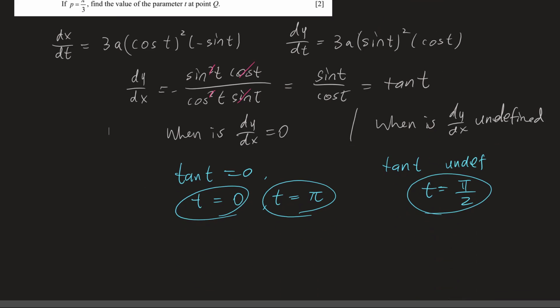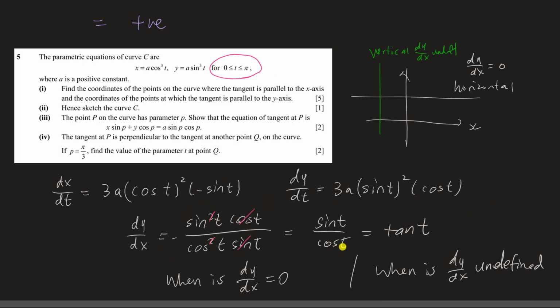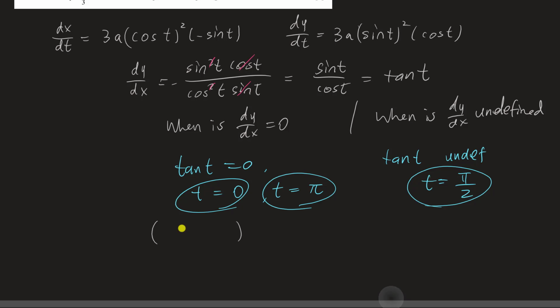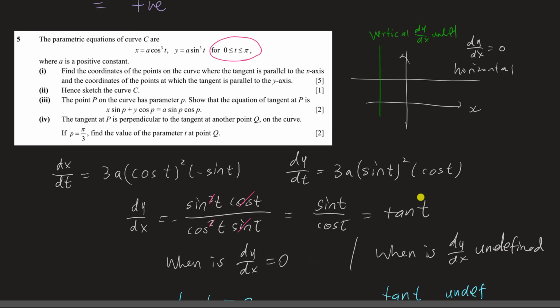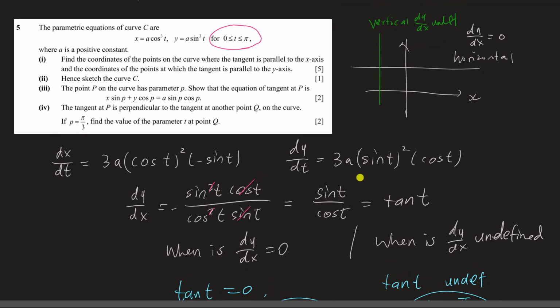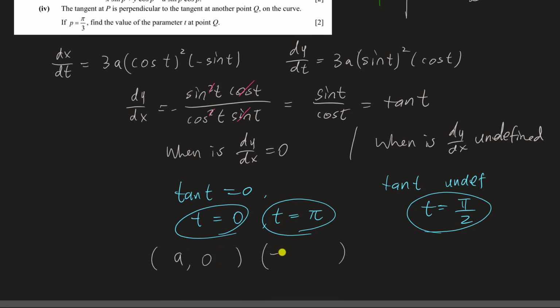So coming back here, this will correspond to when t equals 0, x will be a times 1, y will be a times 0. So it's (a, 0). What about this particular value, pi? Cosine pi is -1. -1 cubed is -1. So your x value is -a.